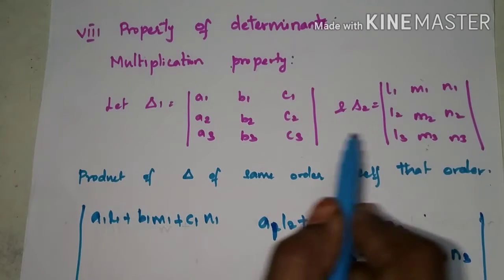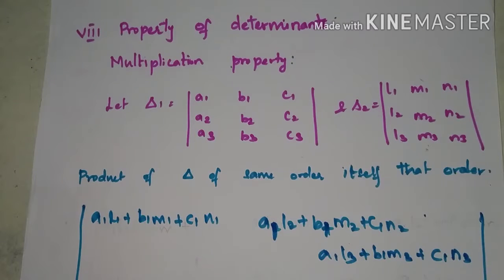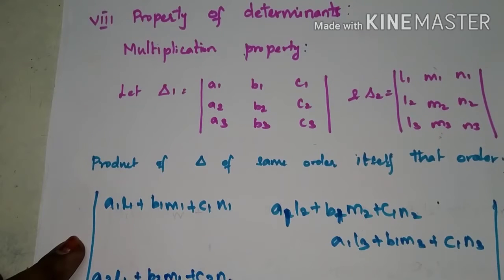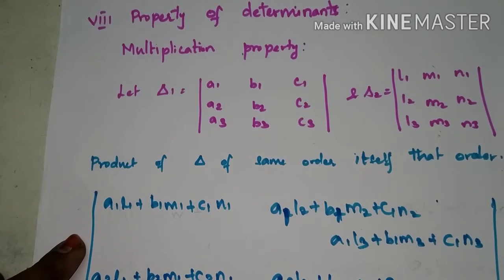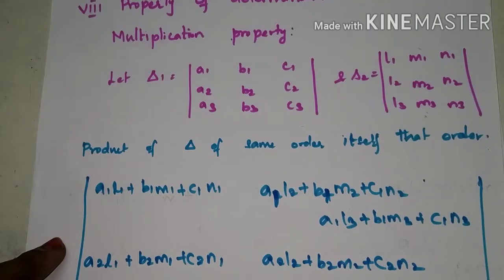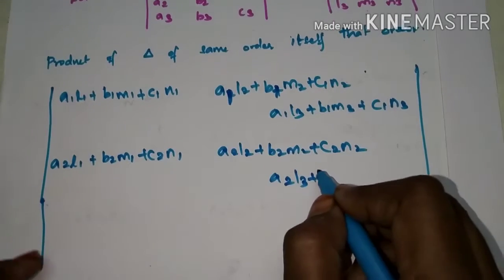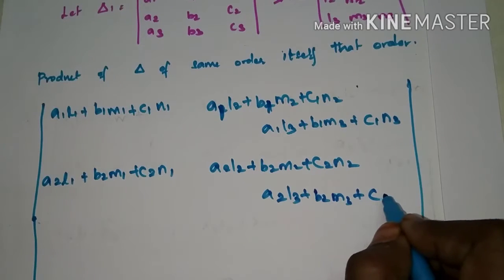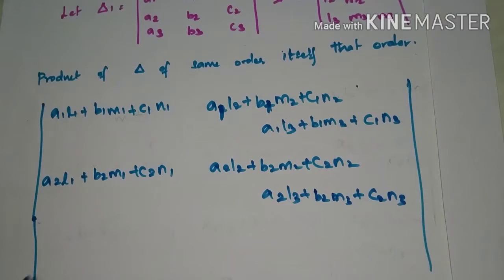Similarly, the second and third rows are multiplied and we'll get the remaining 6 elements as a2 l1 plus b2 m1 plus c2 n1, and the next element as a2 l2 plus b2 m2 plus c2 n2, and the next element as a2 l3 plus b2 m3 plus c2 n3.